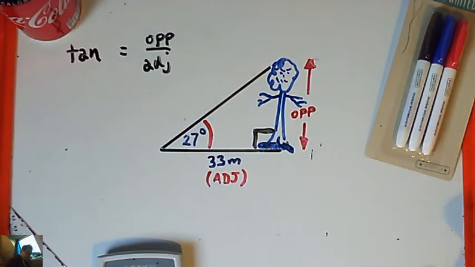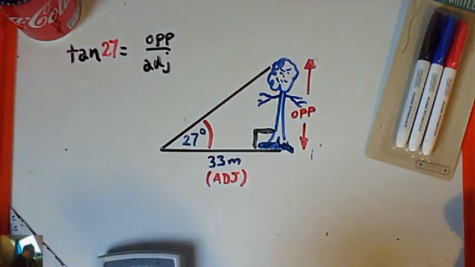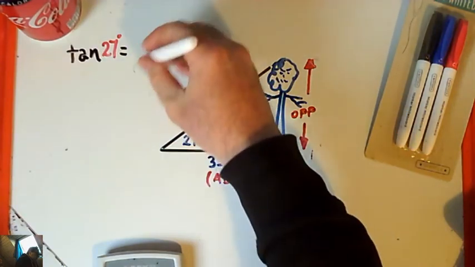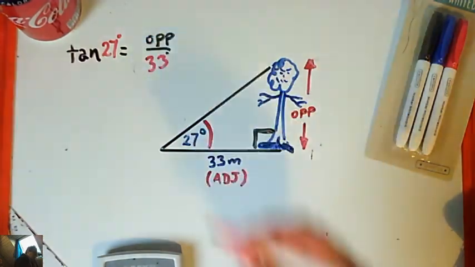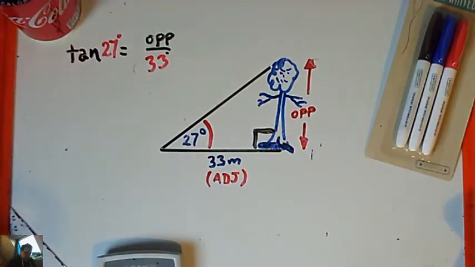So in this case it's the tan of 27, so I'll just write tan 27 in there, degrees, and the adjacent is the 33, so I'll just write 33 in there, and then the opposite is the height of the tree, which is what we've got to find out.